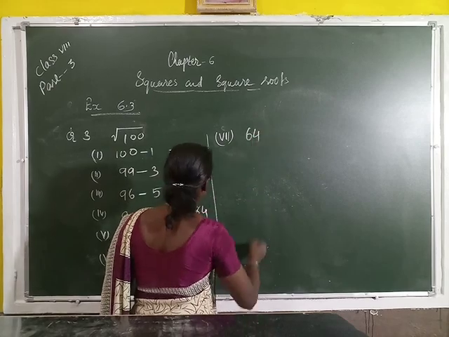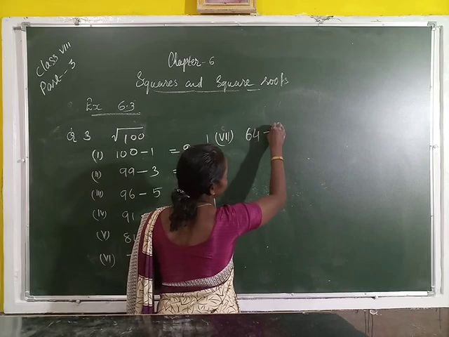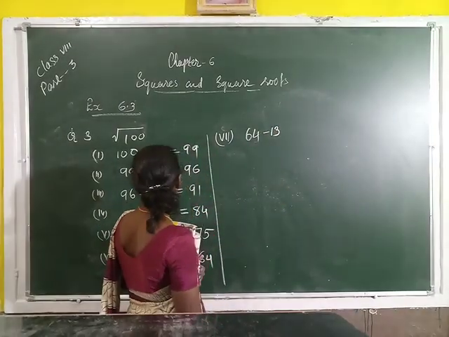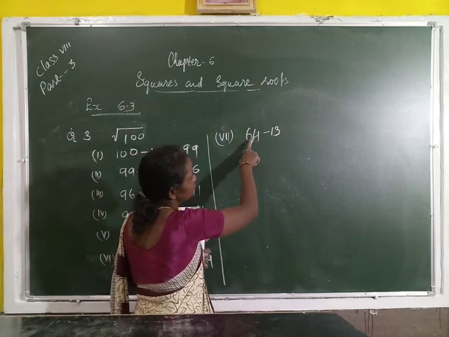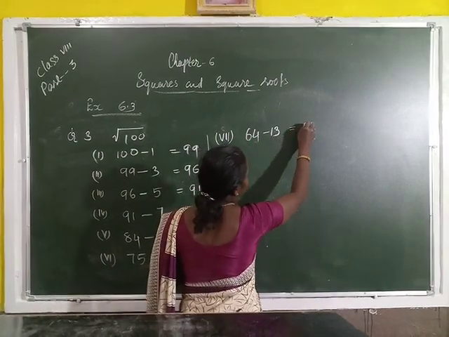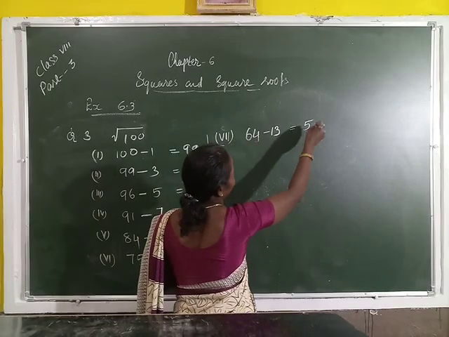Seventh step: 64 minus the next number, 13. Then 64 minus 13 is 51.